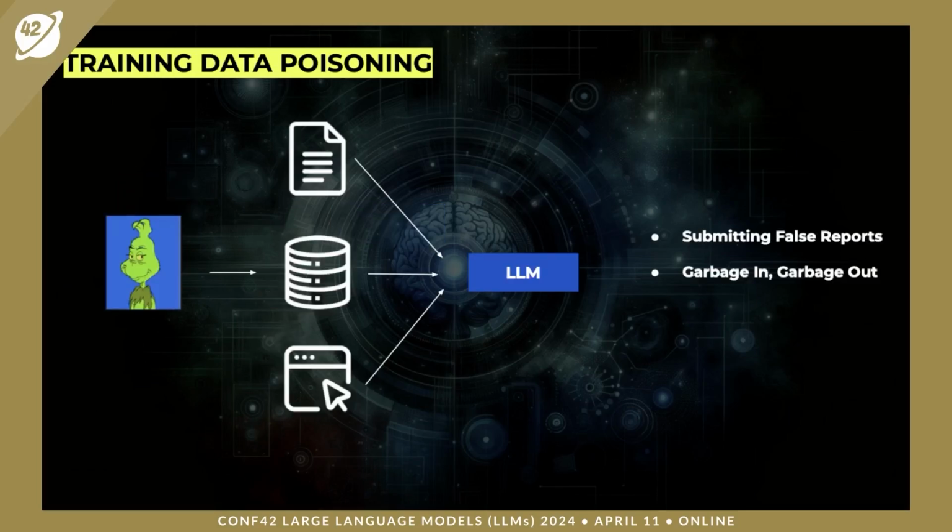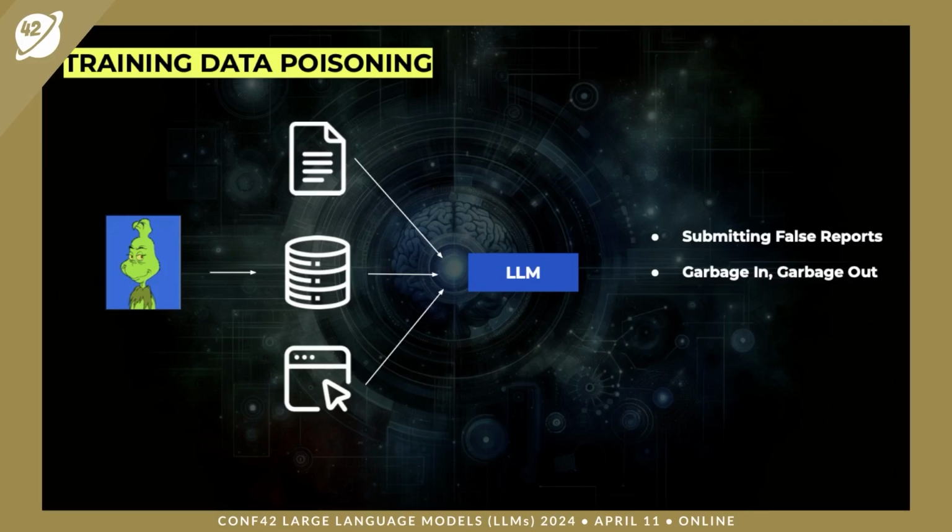Next is training data poisoning. So here you could see like a bad actor possibly providing like false data using like different data points. May it be like via web or the database. And as you know, it's garbage in and garbage out.